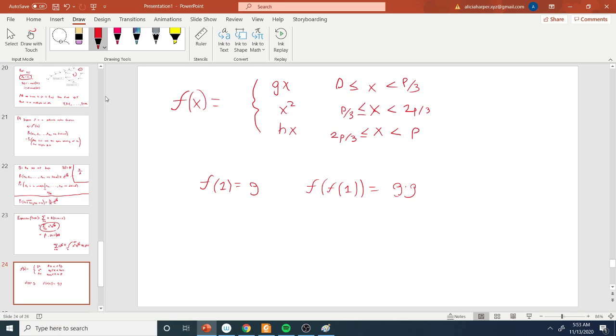And you can readily convince yourself that when you compose f with itself i times, applied to 1, you get g to the l sub i times h to the m sub i.